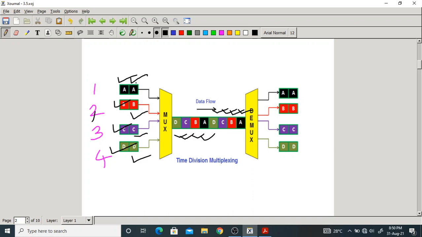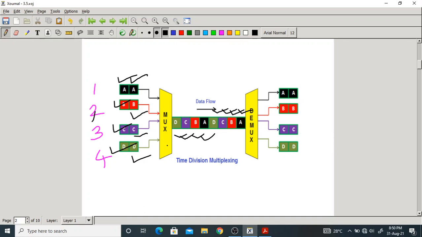We allocate a time slot to each user, and during that time slot he can use the channel. The entire bandwidth is utilized for a short period of time by each user.